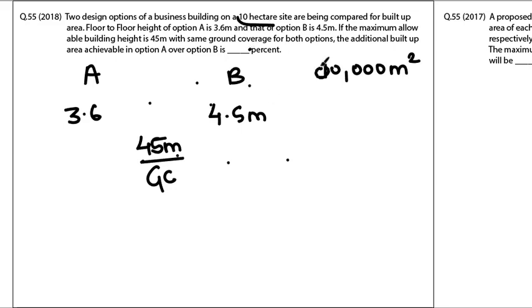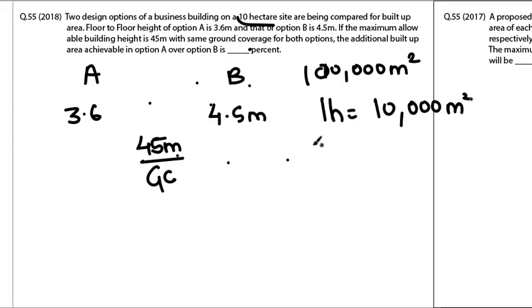Sorry, one more zero will come. So 1 hectare is equal to 10,000 meter square, so 10 hectare will be 1 lakh meter square, right? So the maximum height of the building is 45 meter. In A, floor to floor height is 3.6 meter. In B it is 4.5 meter. Ground coverage is same in both the cases.